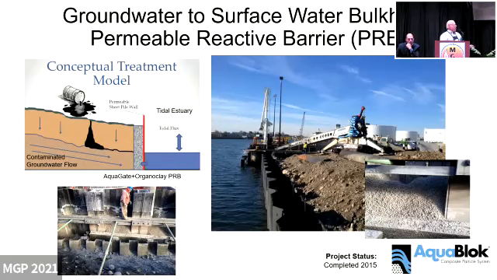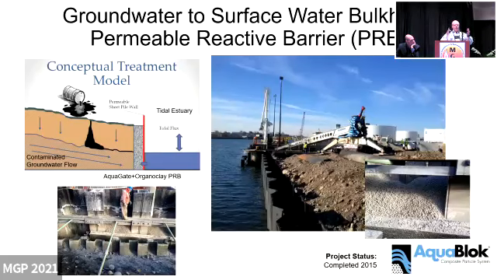So it was necessary to come up with some sort of a permeable absorptive material to limit the contaminants from reaching the water body. So at this particular site, they had the advantage that they were constructing a new bulkhead outboard of an existing old dilapidated bulkhead wall.